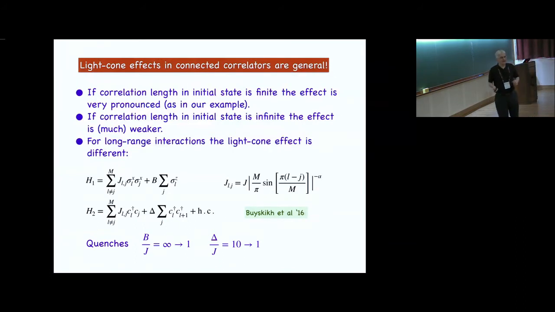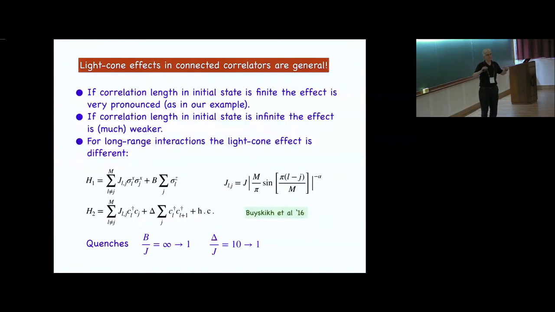Now, I added here something because Manas was talking about this in his talk. So he was very interested in these long-range models with long-range interactions or long-range hopping. And he was talking about light cone effects in such models.